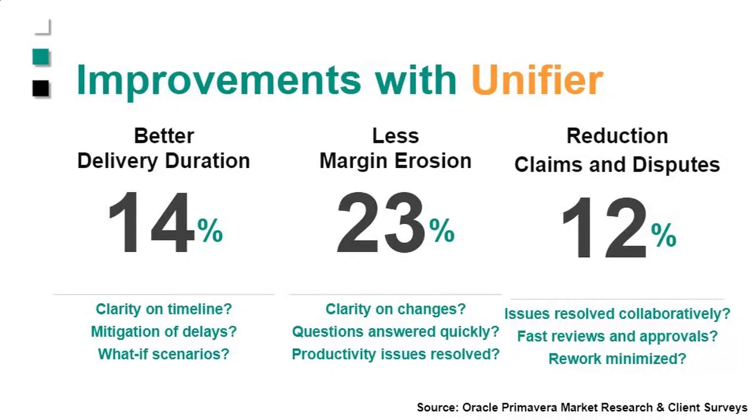That's how you make profit and keep your business going. And if your margin is being eroded because you're not sure on changes, you're answering questions very slowly, or questions are not getting answered by the client, which is delaying your time on the project, these things really can erode your margin. So you want to manage that.